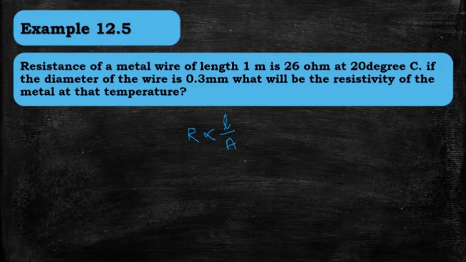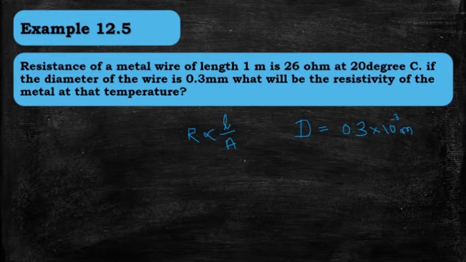He has given the diameter, 0.3 millimeter. Milli means 10 to the power minus 3, so 0.3 into 10 to the power of minus 3 meter.